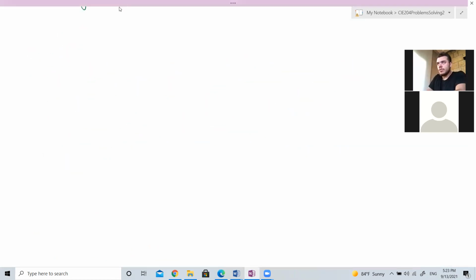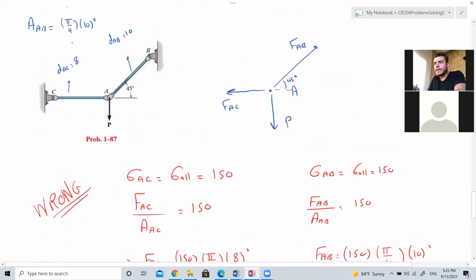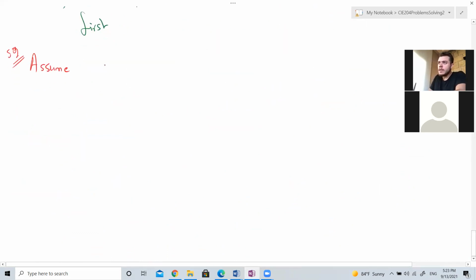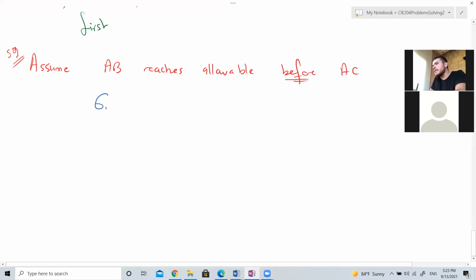So, step number 2: assume that AB reaches allowable before AC. If AB reaches allowable, what is sigma AB?